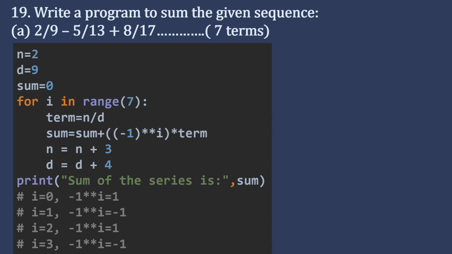And sum is equal to sum plus (-1) to the power i into the term. So what will happen? Here we will just take this basic rule that any negative number, if it is raised to an even power, will give you a positive number.